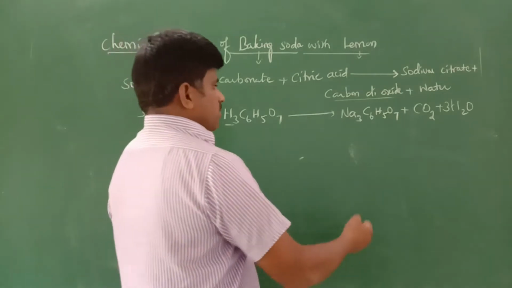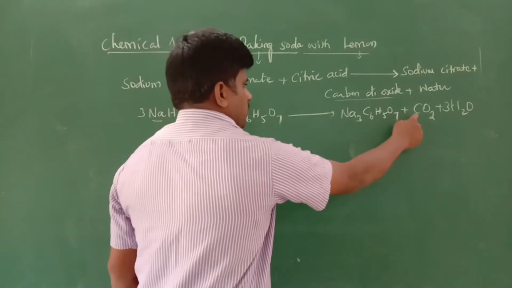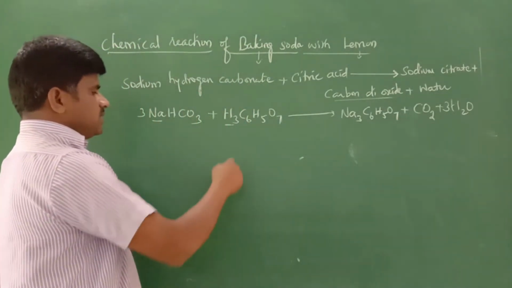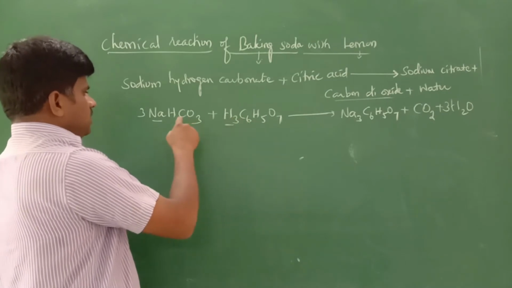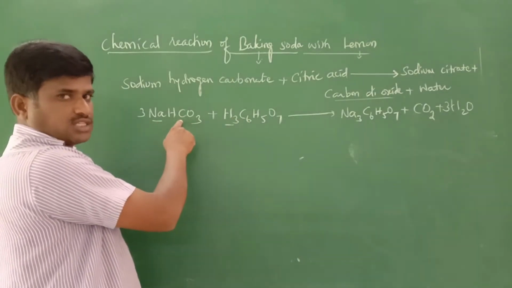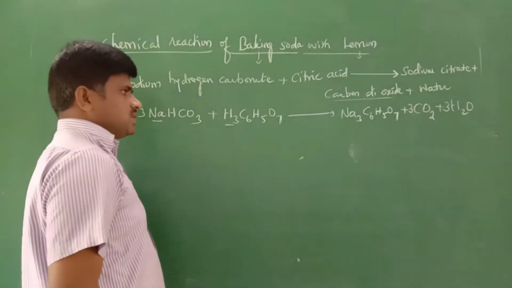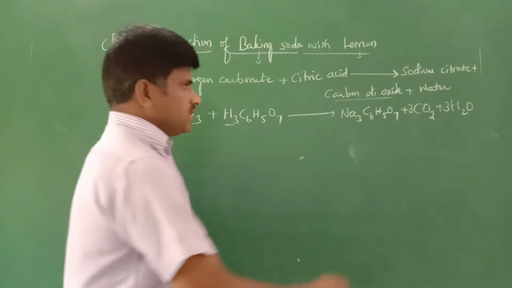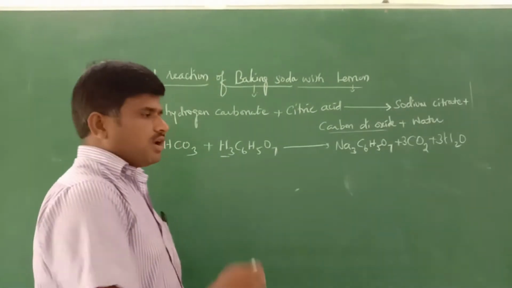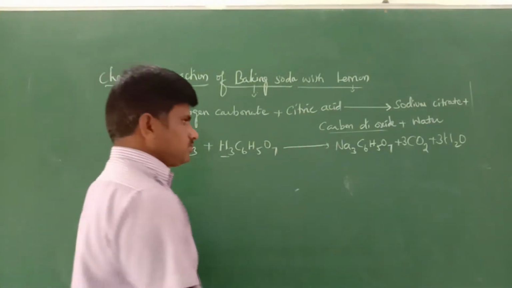Now take carbon. Here 6 carbon, 1, that is 7 carbon in this. But here 6 carbon and 3, 6 plus 3, 9. So again we want to multiply by 3. So 3 carbon dioxide. Now the equation is balanced.